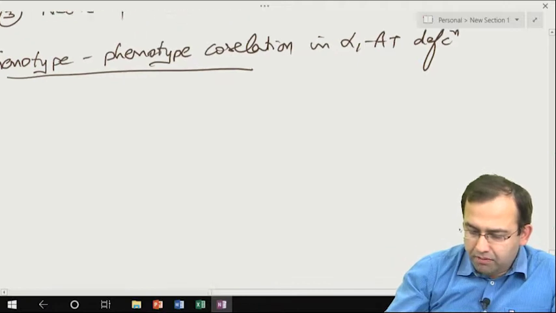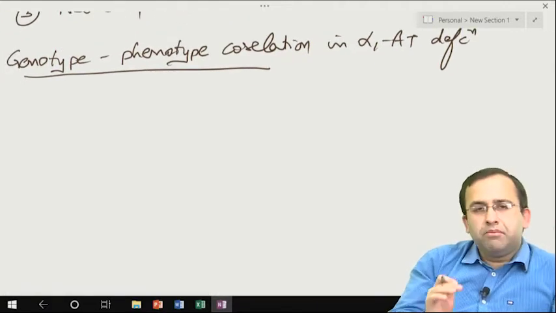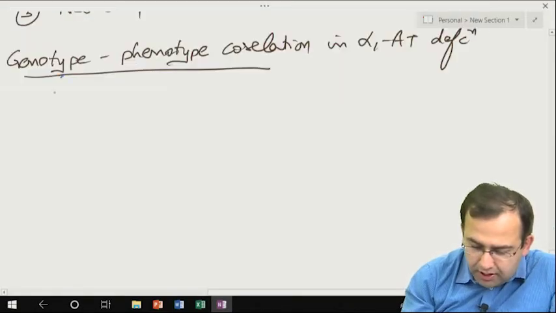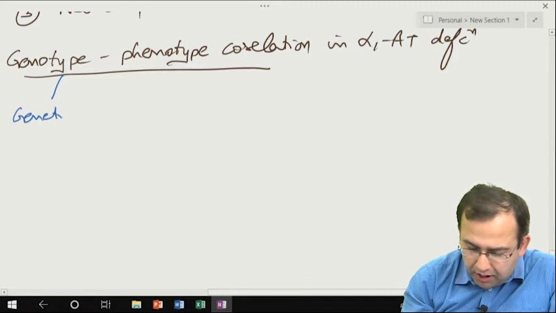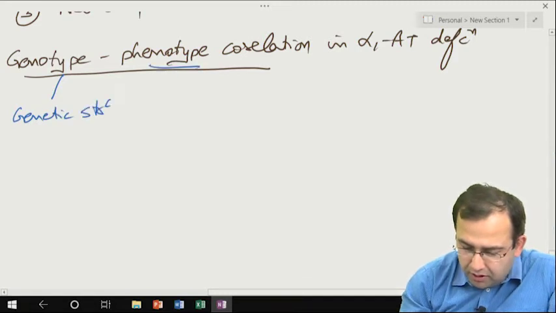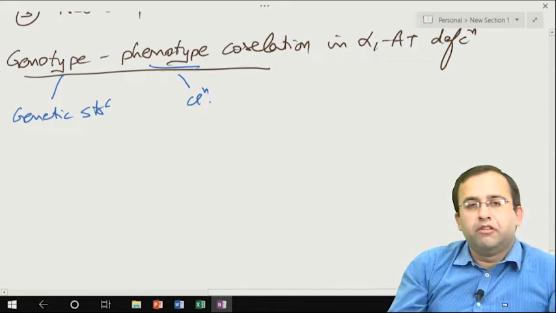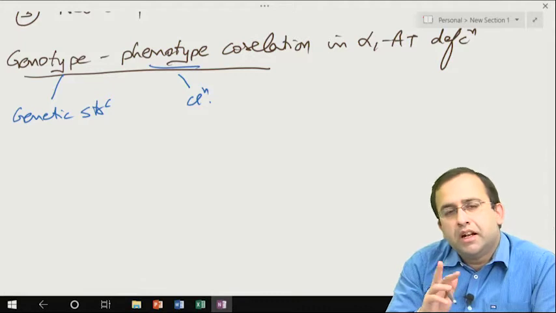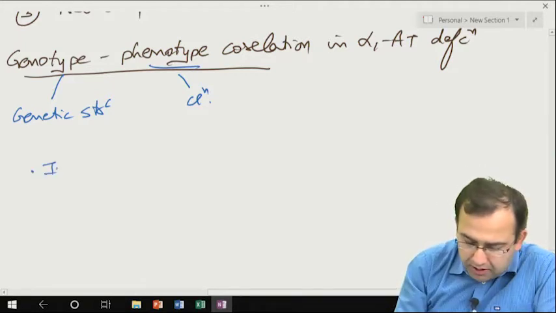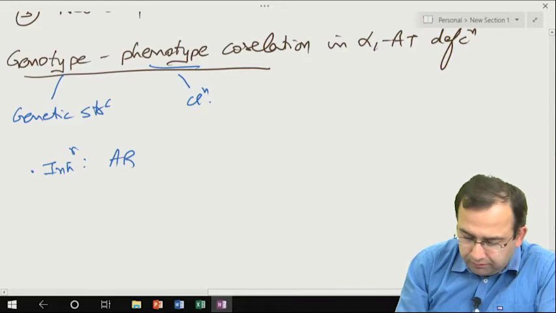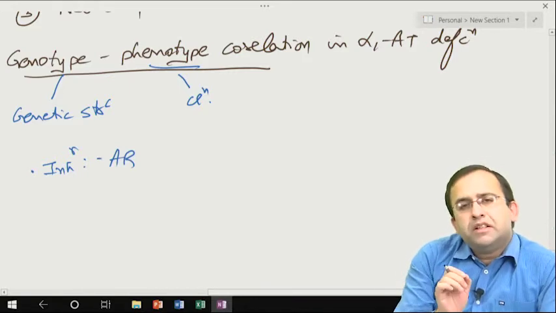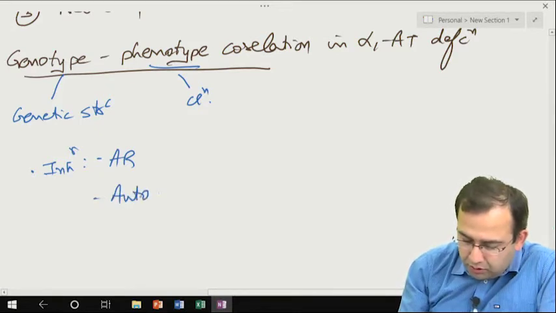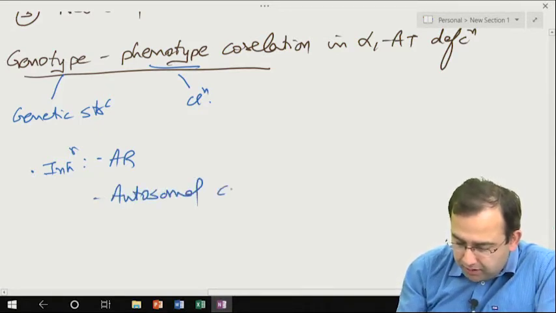Genotype is the genetic structure, that is, the genes, whereas phenotype is the clinical features. First point, inheritance pattern. What is the inheritance pattern of alpha 1 antitrypsin deficiency? Autosomal recessive. Fair enough. But a special subtype of autosomal recessive, that is autosomal codominant allele expression.